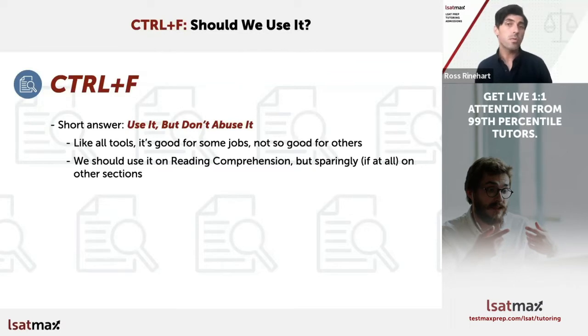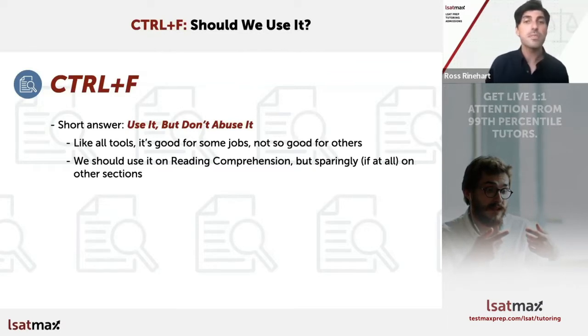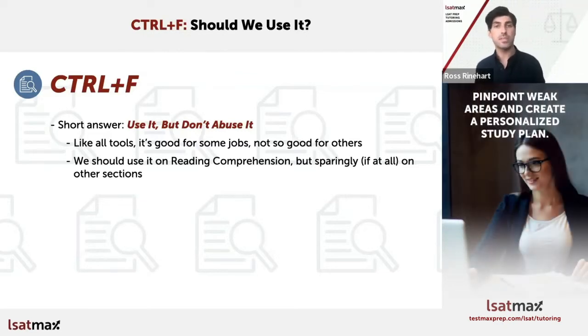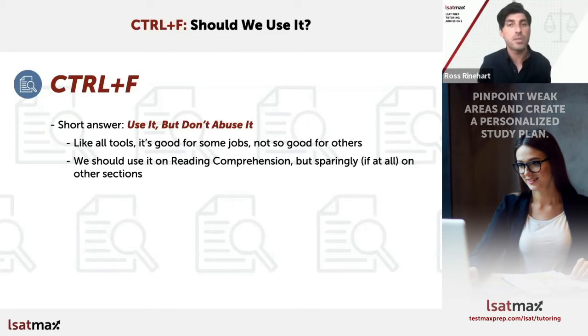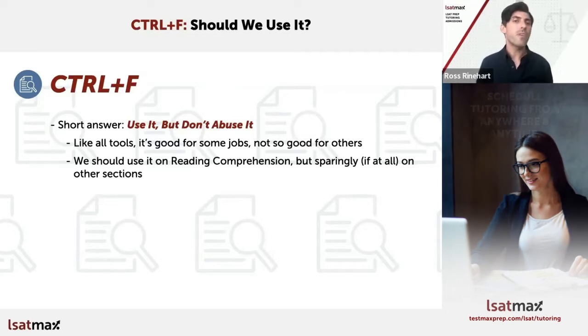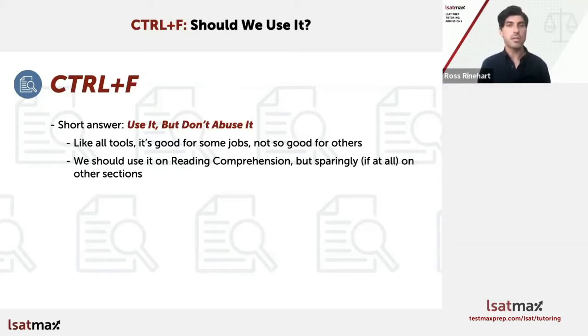Now, Ctrl+F can work on reading comprehension because reading comprehension gives you long passages and then many questions about that passage that you're asked to read. And many of the questions in reading comprehension ask you to find pieces of information that are in the passage.